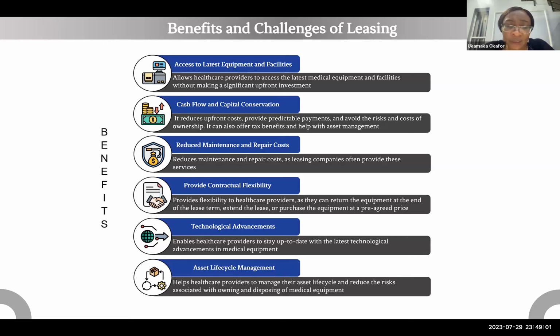They also provide contractual flexibility and technological advancement. It enables healthcare providers to stay up to date with the latest technological advancement in medical equipment, and they don't need to pay a bulk sum of money for doing that. Asset lifecycle management: it helps healthcare providers to manage their asset lifecycle and reduce the risk associated with owning and disposing of medical equipment.